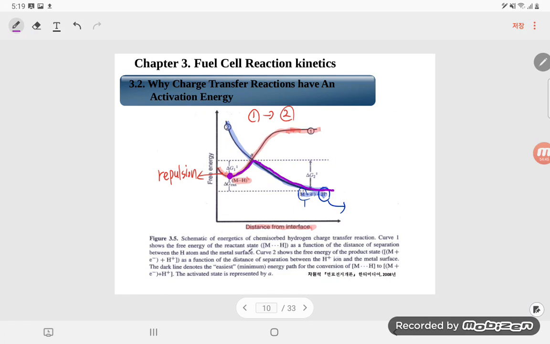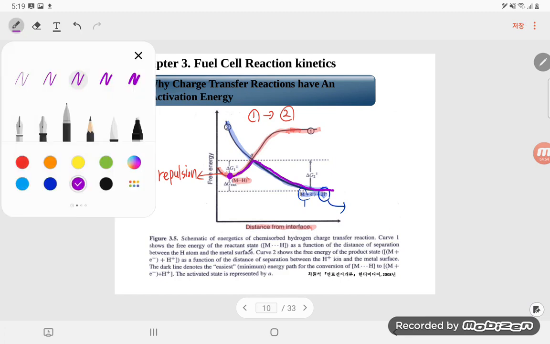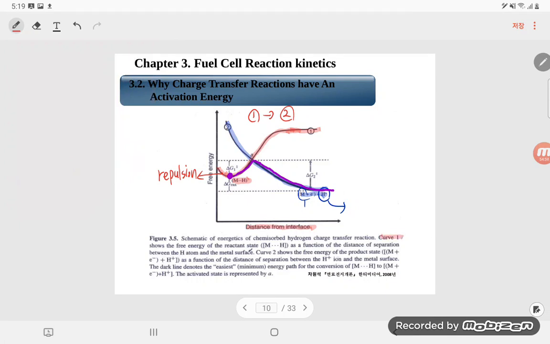Let's check this one. Schematic of energetics of chemisorbed hydrogen charge transfer reaction. Curve 1 means this one, as a function of the distance of separation between hydrogen atom and metal surface.